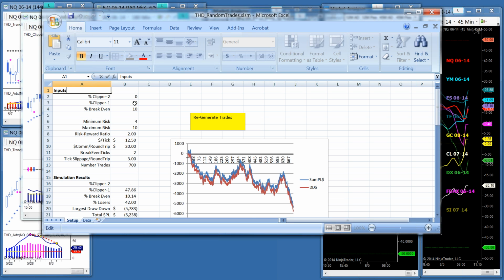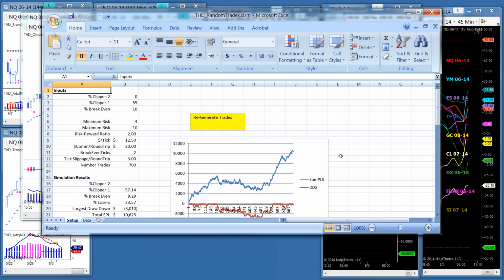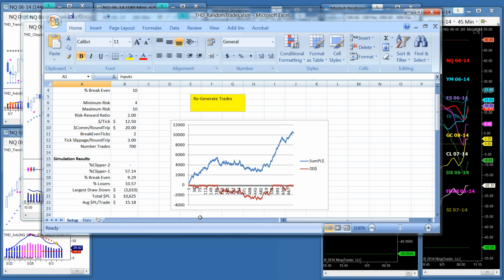So using the 4X combination, and let's take this to 55%. 55%, you're starting to make money, but you have to withstand this drawdown, which gets to about $3,000. And that can occur anywhere, okay? It can occur at the top. Like in this one, it did it in the middle.